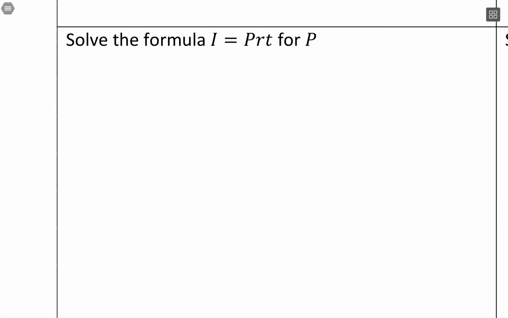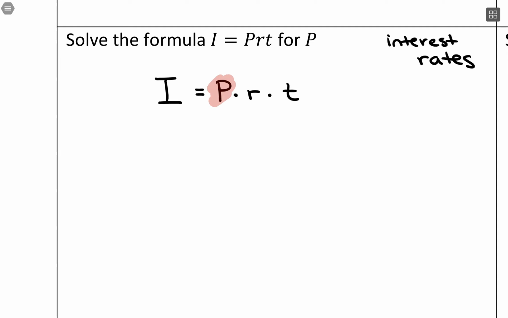All right, over here, this has to do with interest rates. So I'm just going to write this out a little bit more: I equals P times R times T. And we want to solve for P. So P is being multiplied by two things, this rate and time.